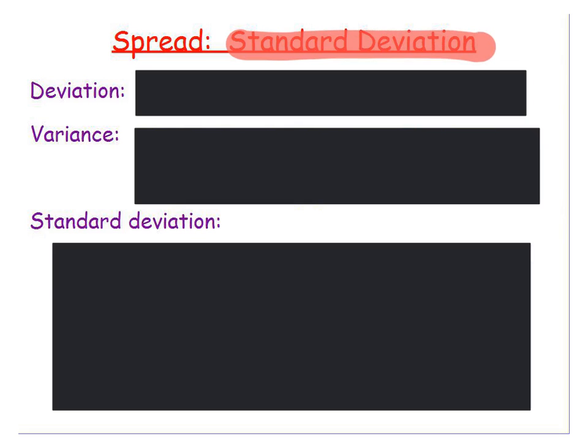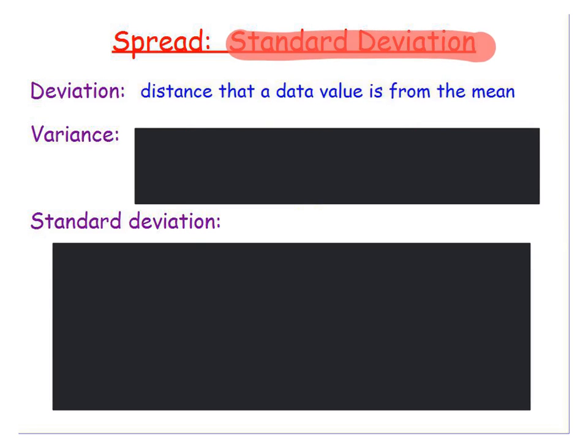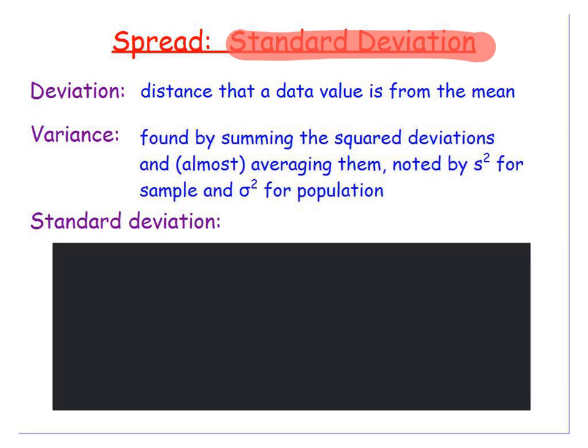The concept of deviation in general is the distance that a data value is from the mean. So every single individual data value has a deviation. Now, variance is found, and this is more of a formula kind of wordy business, by summing the squared deviations and averaging them.